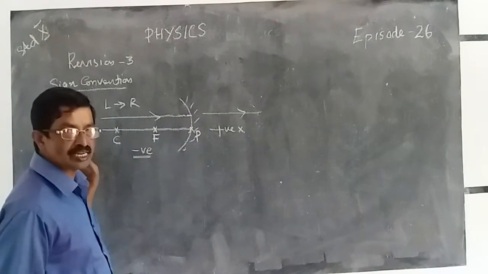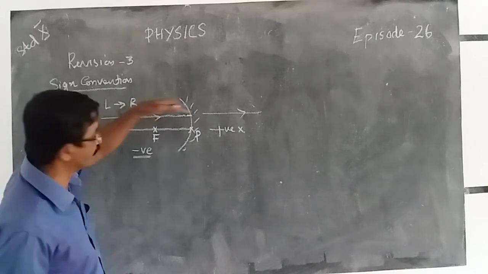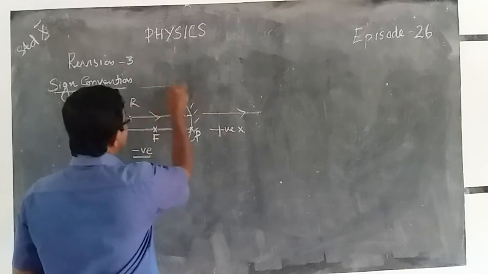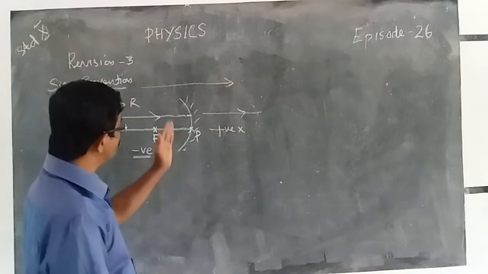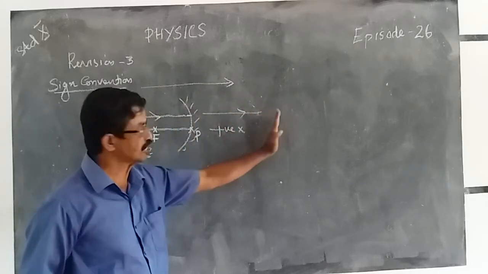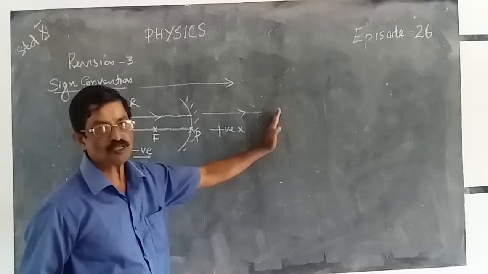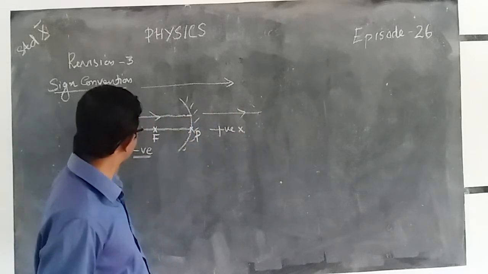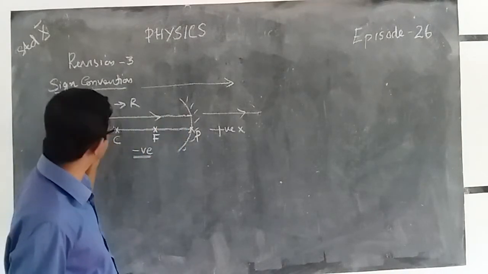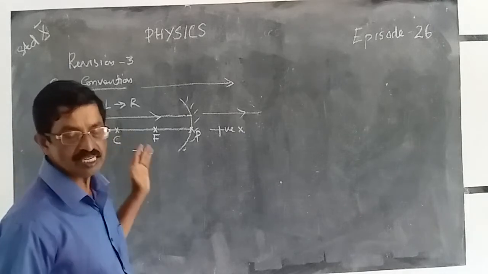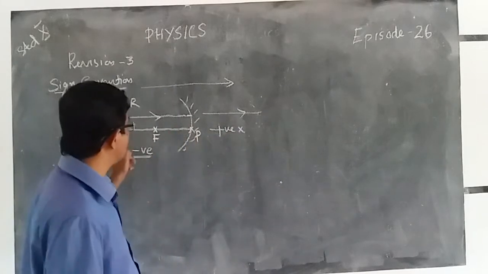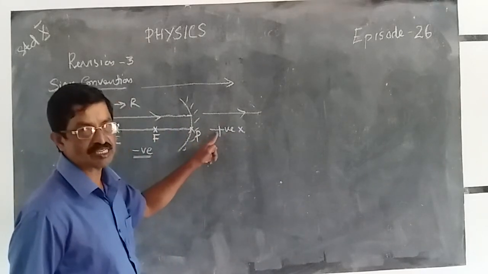Another rule is in the direction of light rays: if the direction is opposite to the direction of light rays, then it is negative. These are the two methods by which we take positive and negative when we measure distance.